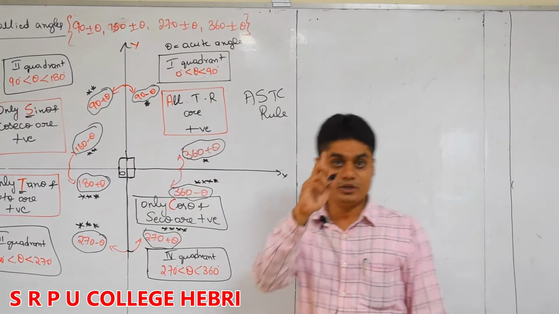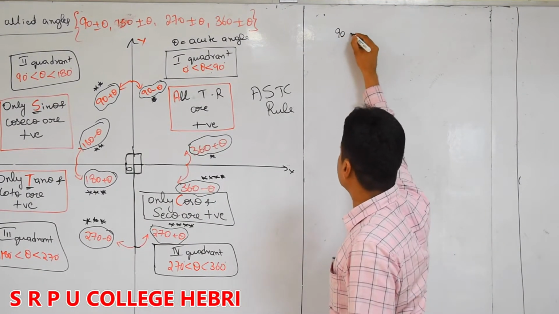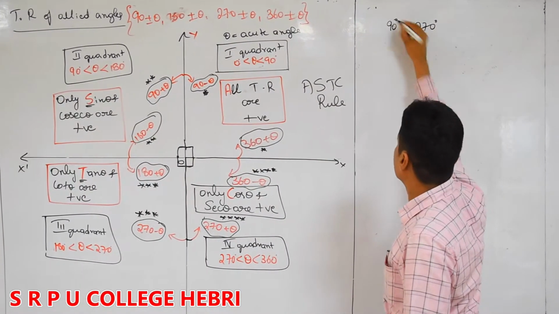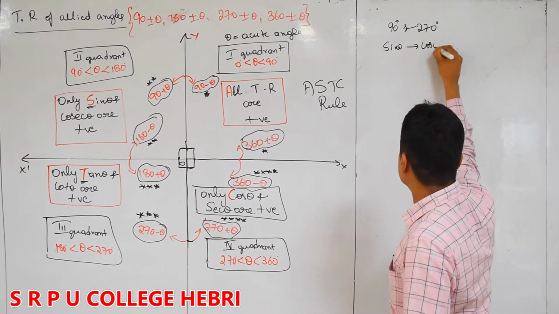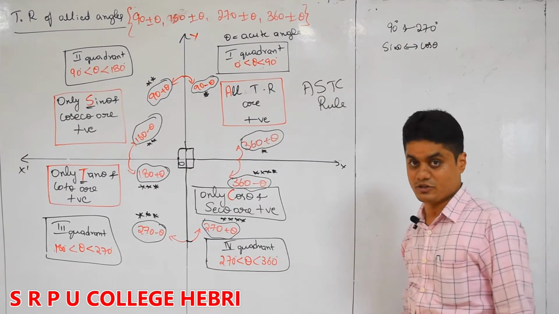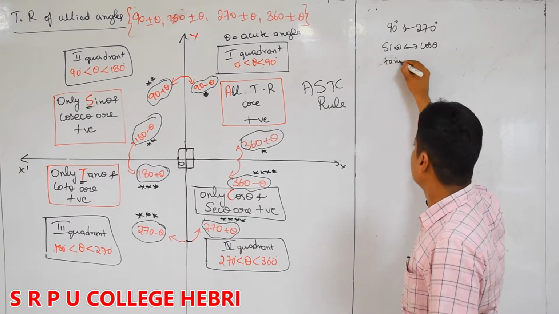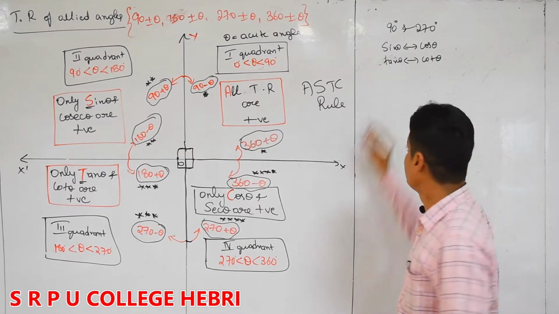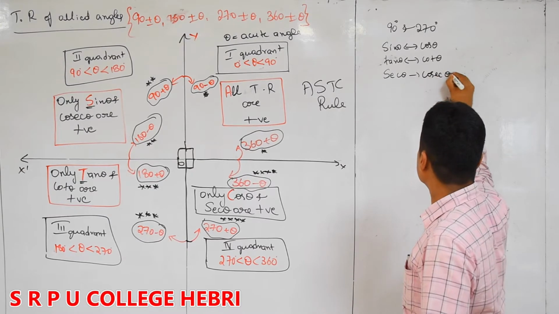See, remember two pieces of information. First one, 90 and 270 degree convert sine to cos, cos to sine. You have to remember this. In the same way, tan to cot, cot to tan, secant to cosecant, cosecant to secant.